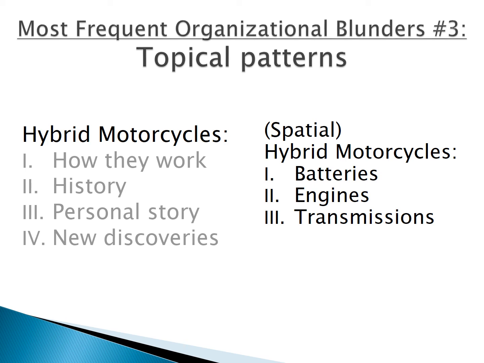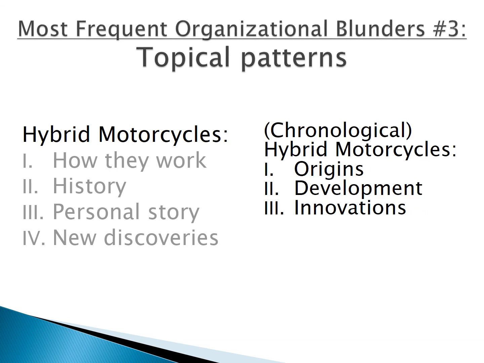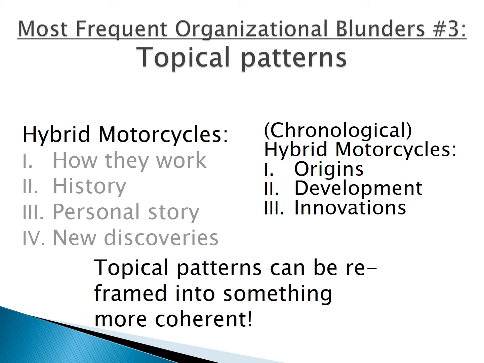I could show it on the motorcycle, and we would go probably from the front of the bike to the back of the bike. I could maybe do a chronological approach. Thinking about hybrid motorcycles, what were the origins? How did they develop? And where are we at the most innovations now? Right? So starting early and coming through time to now. So almost always, in my experience, topical patterns can be reframed into something more coherent for the audience.